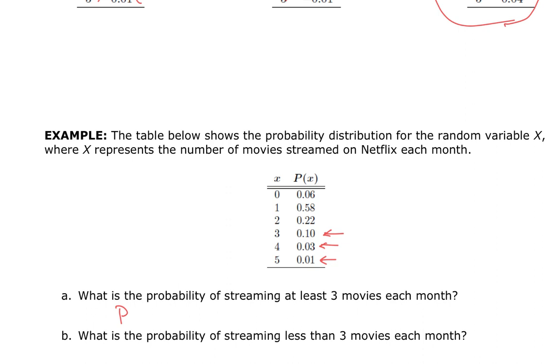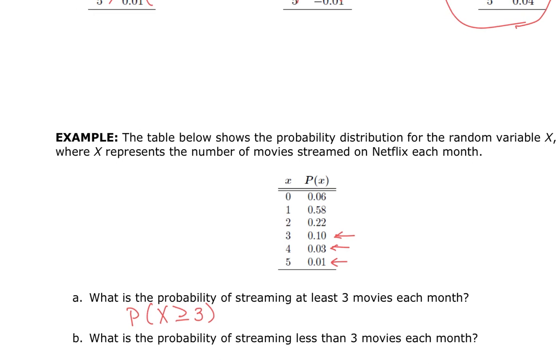So the probability of X greater than or equal to 3, where little x would be 3 here, is simply 0.1 plus 0.03 plus 0.01, which adds up to 0.14. So I have a 14% chance of streaming at least 3 movies that month for this given information on Netflix.